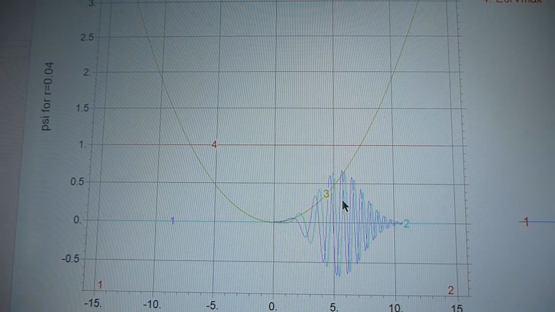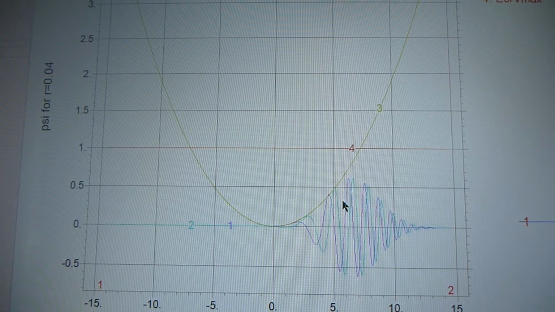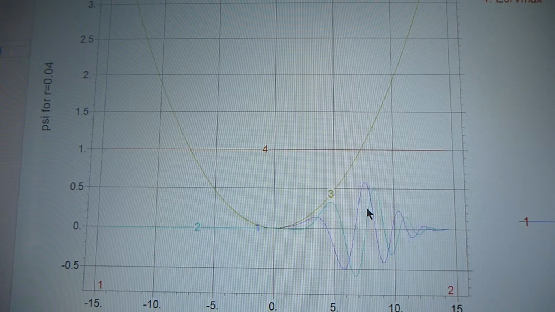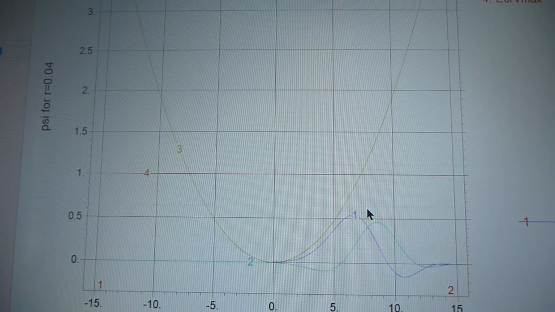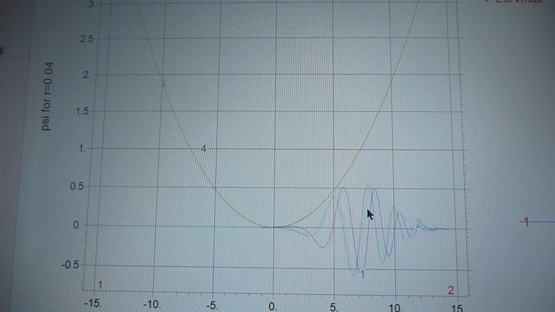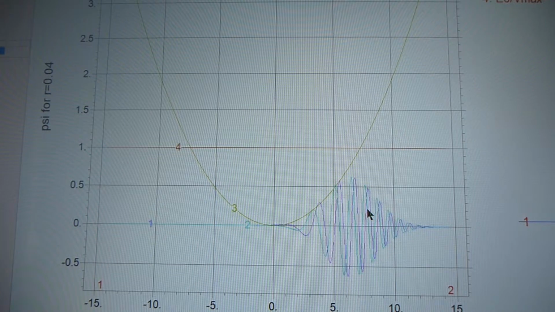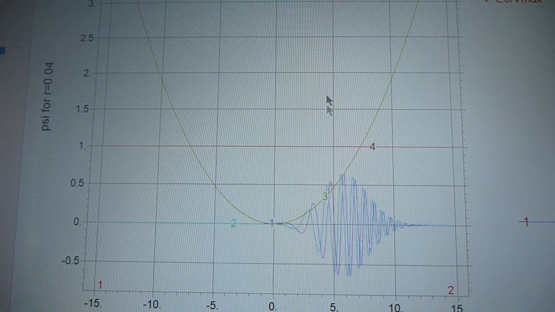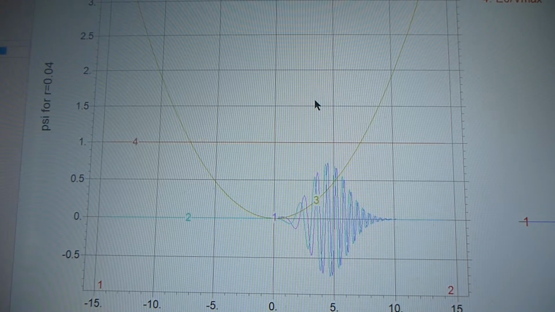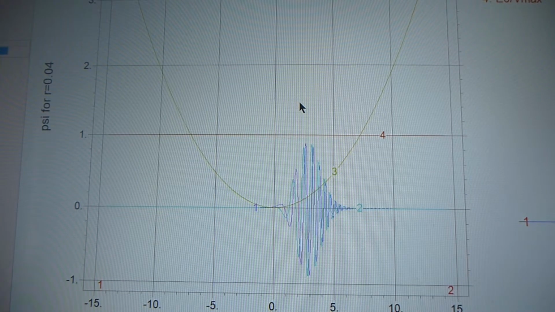In fact, now it's wider than the wide packet was at its start, and the number of cycles that you see is greatly reduced because its kinetic energy is reduced. Coming back, it's going back to the center, and it'll get very, very narrow, and the amplitude will greatly increase when it gets back, and it'll go back to its full amplitude, basically.